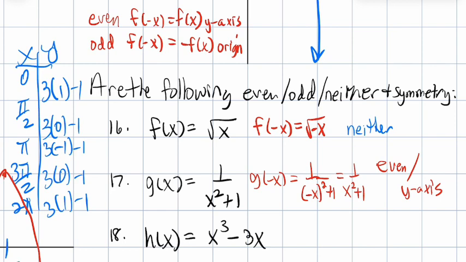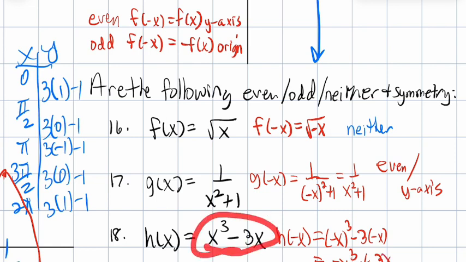So we're going to do that same negative x trick for all of these. So if we plug negative x into this one, the negative switches the sign of every single term. So you'll notice it is the exact opposite, like we multiplied by -1. So this is a version of an odd function that has origin symmetry.